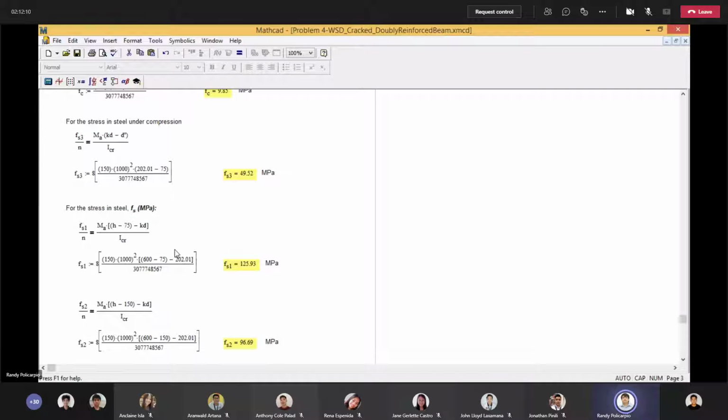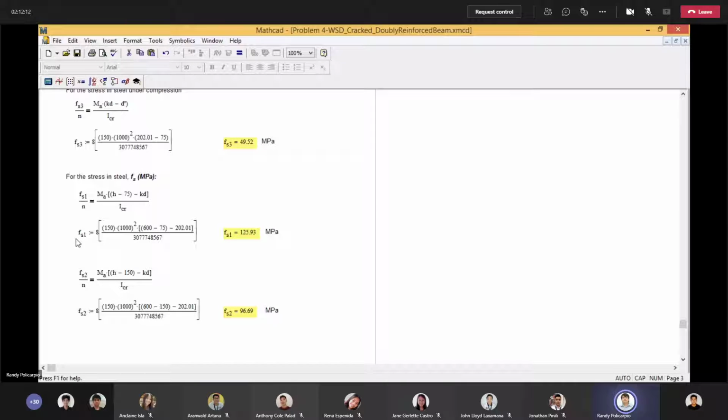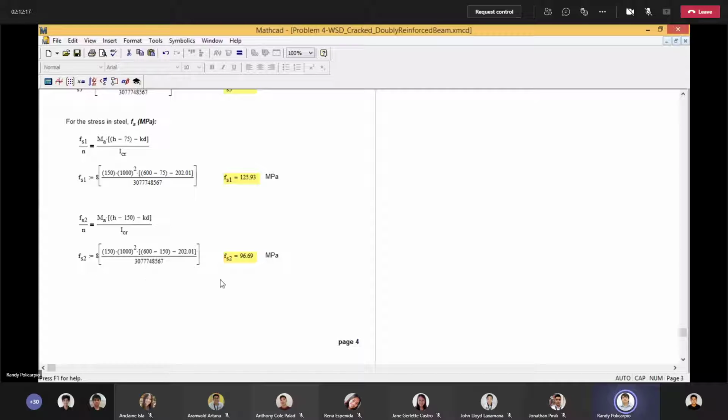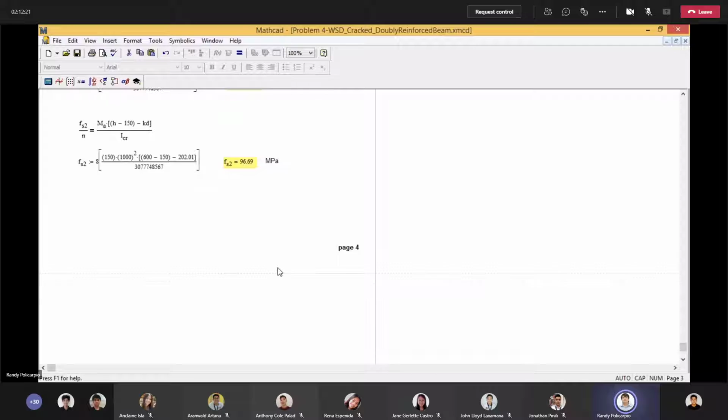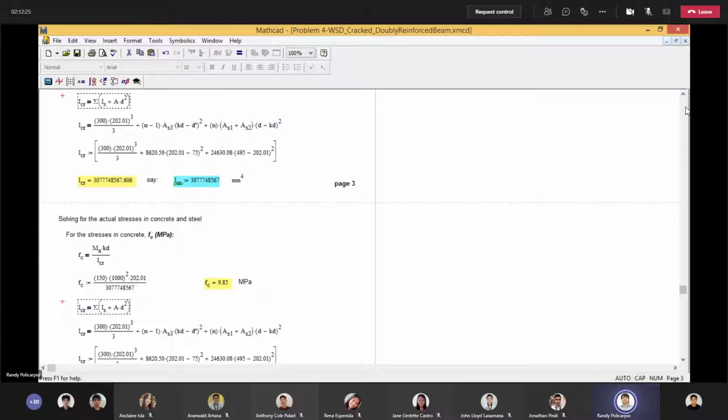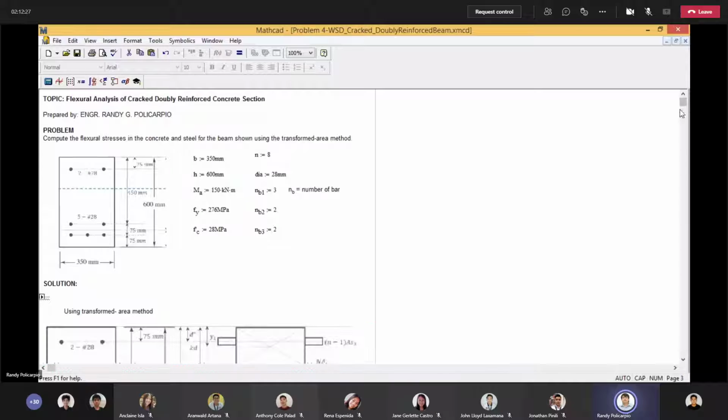And then for the first layer of tension reinforcement, and then for the second layer, we have this. Okay, so I think yun yung requirement, no? Do sa ating problem.